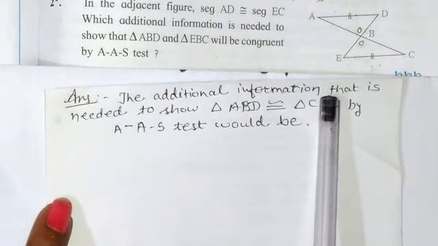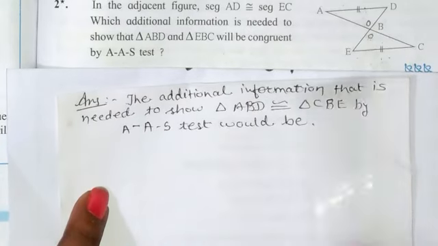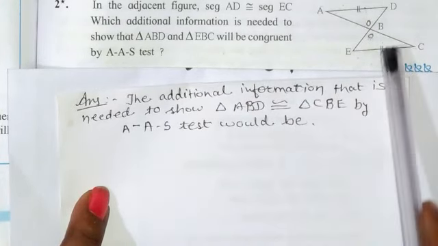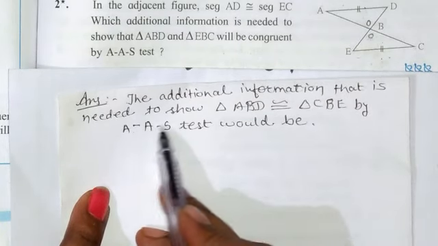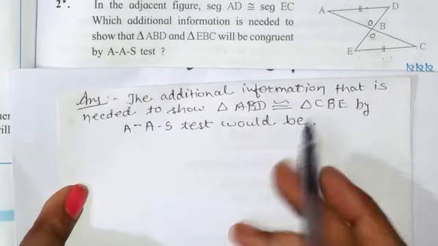So let's write the answer. The additional information that is needed to show triangle ABD congruent with triangle CBE by the test AAS would be, which additional information we want?